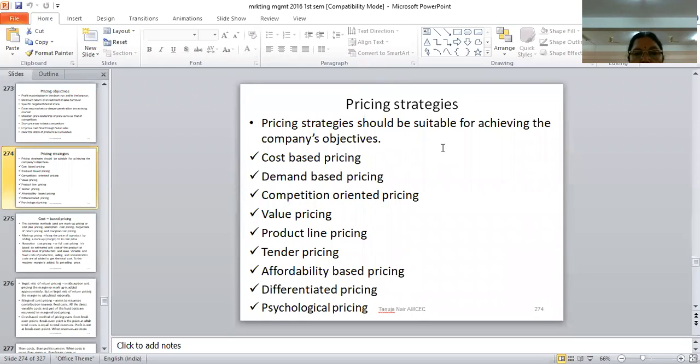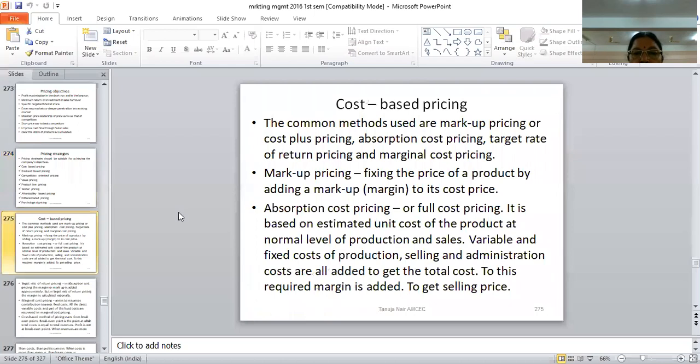So last class we were talking about the different pricing strategies. Companies have different ways of pricing their product to achieve their objectives. So we had seen the cost-based pricing, that is based on how much cost the company incurred to produce the product.